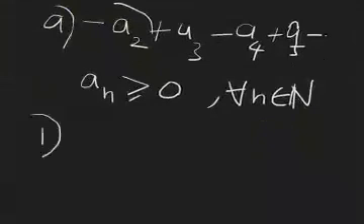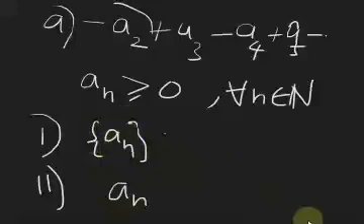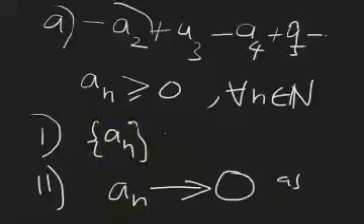One, this sequence should be monotonically decreasing, and two, the limit of this sequence should converge to 0 as n goes to infinity, right? Two conditions. All right.